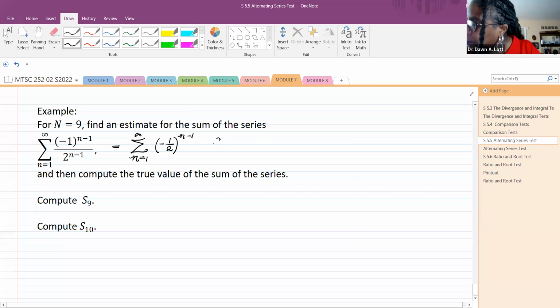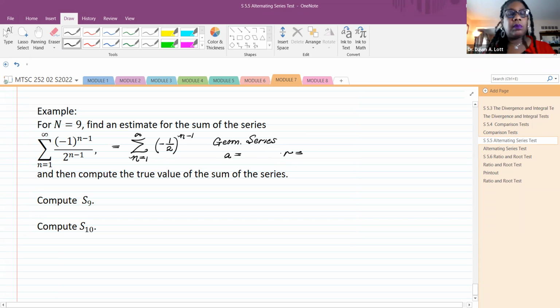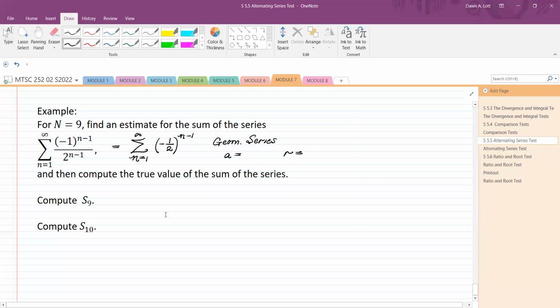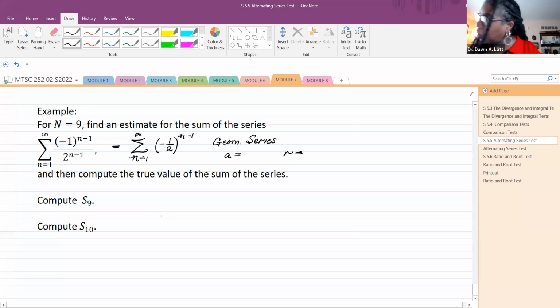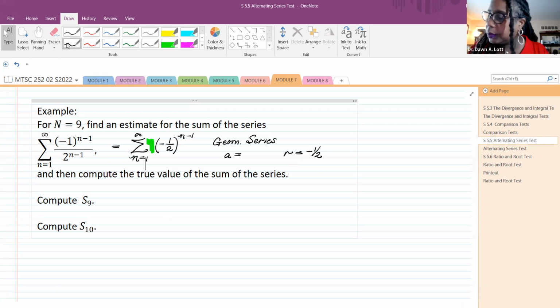Good. What is a? And what is r? Is a -1/2? That's r. r is the thing that gets raised to the n minus 1, and a is the number in front of that, which is 1.